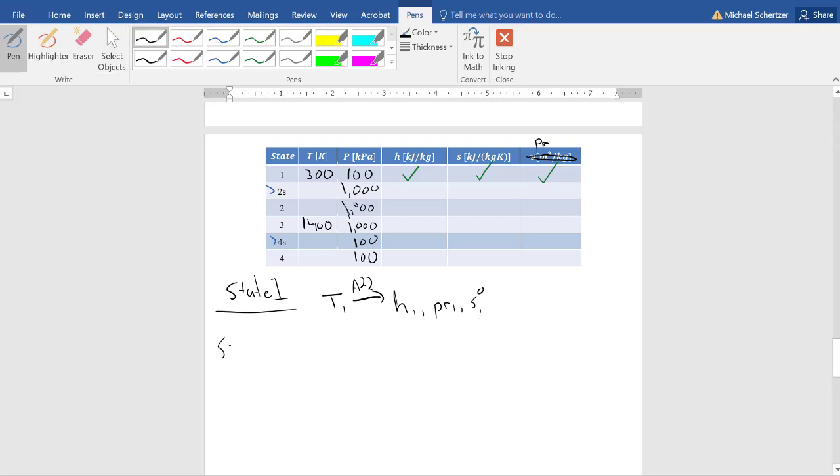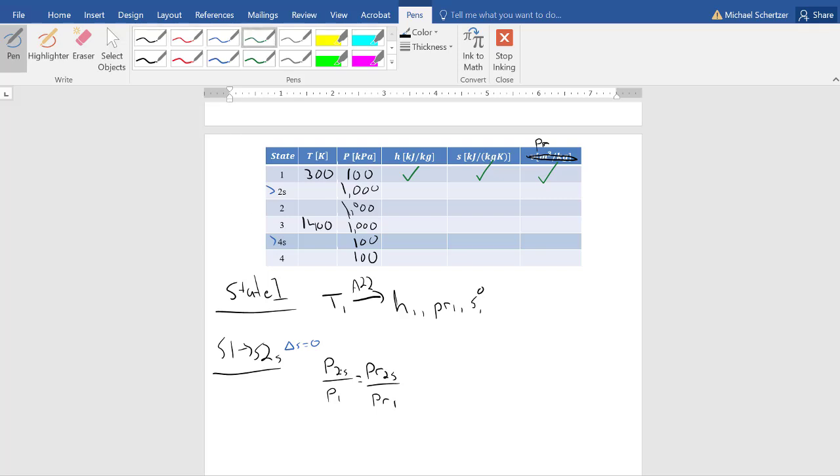So now we're going to go from state 1 to state 2s. Here we've got to remember that this is isentropic. Because we can't just look up, it's not that s superscript 0 stays constant, it's that s stays constant. So now we're going to have to use that P2s divided by P1 is equal to Pr2s divided by Pr1.